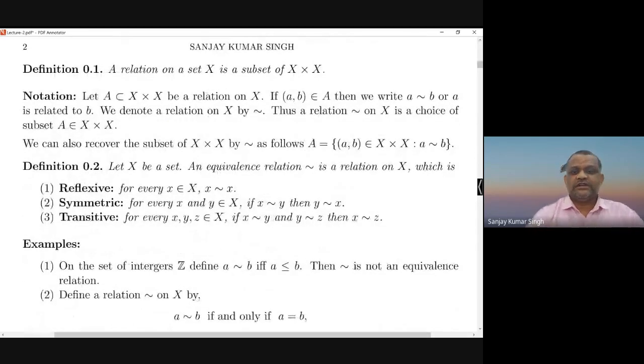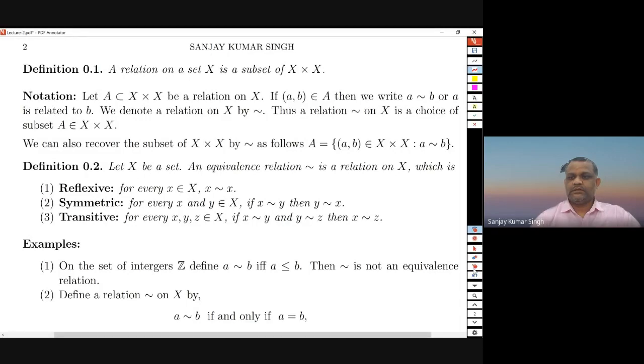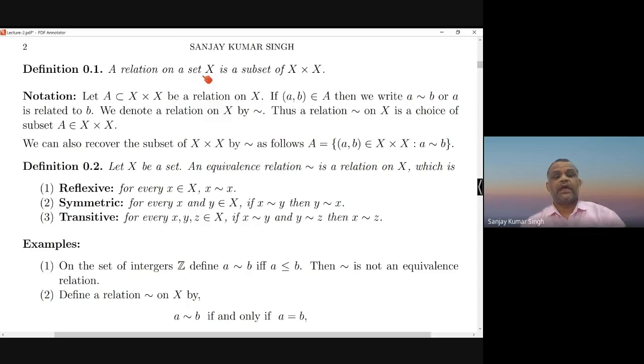A relation on a set X is just a subset of X cross X. So let A be a subset of X cross X, and of course it is a relation on X. I will denote any point (a, b) in A like this: a is related to b.